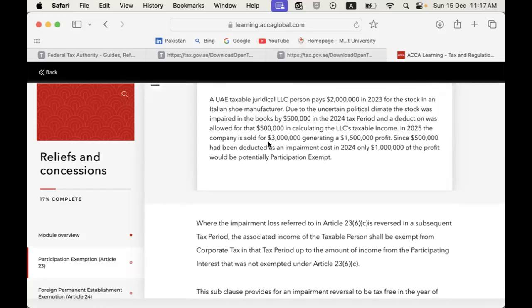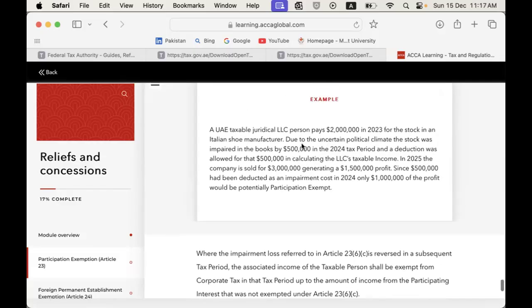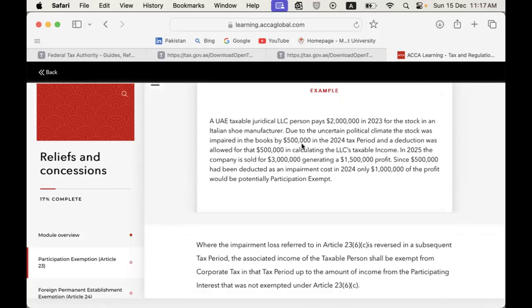The company sold for 3 million, generating a 1.5 million profit. So you see from this example, Mujaddid, if you really think about it, this is a lenient treatment. If it were actually the conclusion of the FTA, it is a lenient treatment. Why? Because FTA is saying that in 2024 you booked 500,000 dirhams worth of impairment.